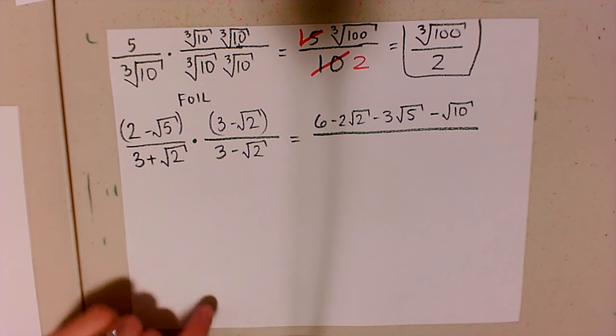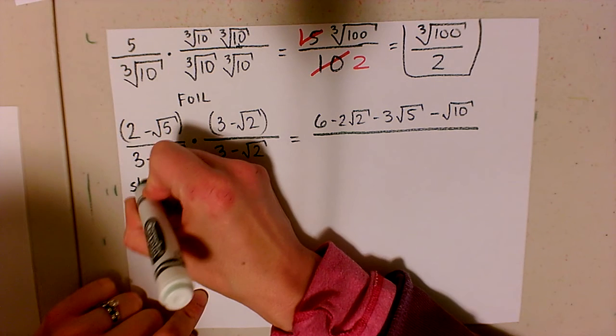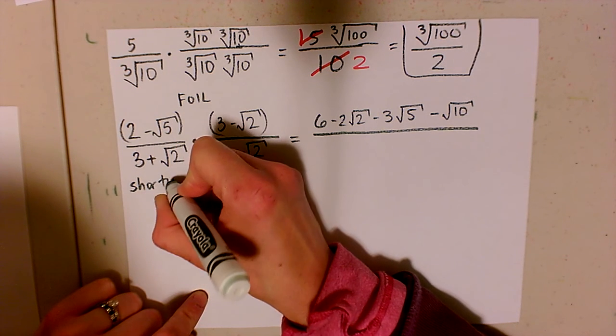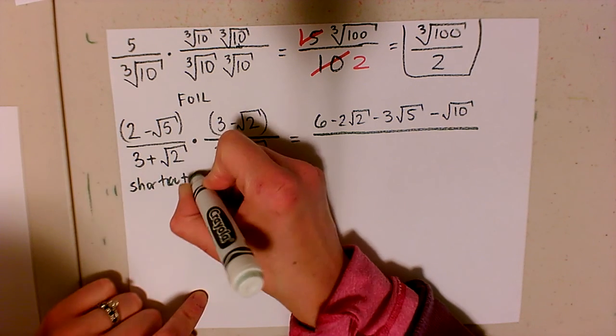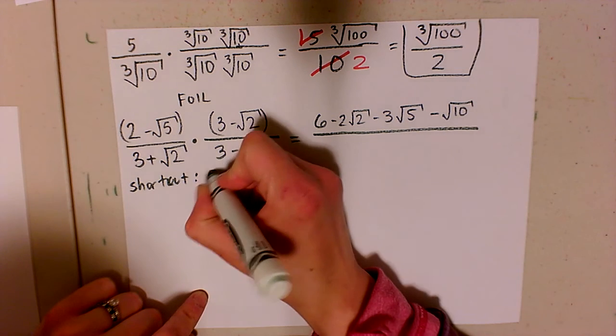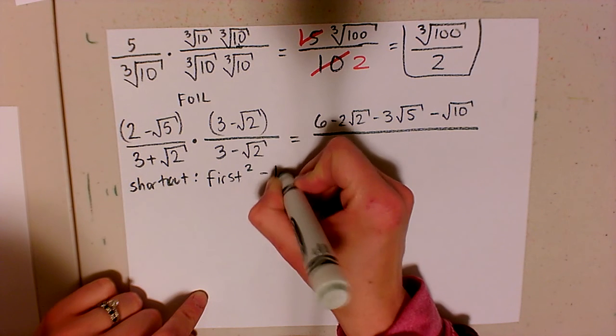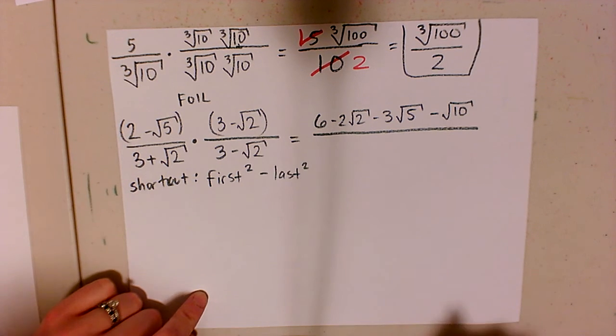Okay, now, in our denominator, we can multiply that. We could FOIL if you wanted, or you can use the shortcut. So remember, the shortcut for multiplying conjugates is your first squared minus your last squared.